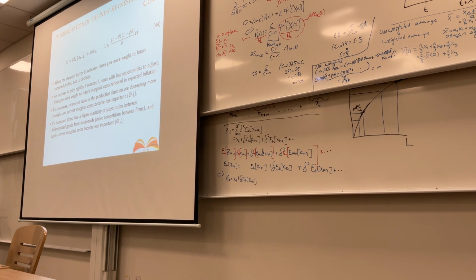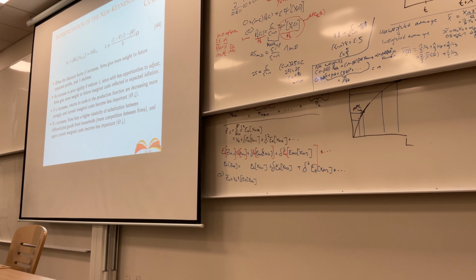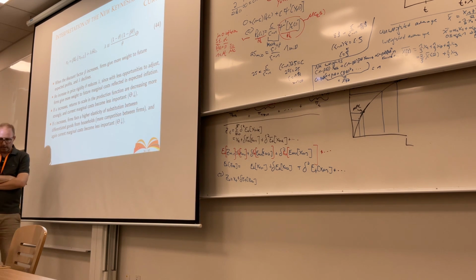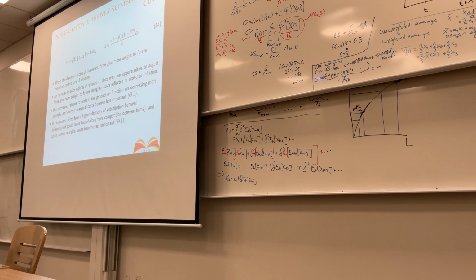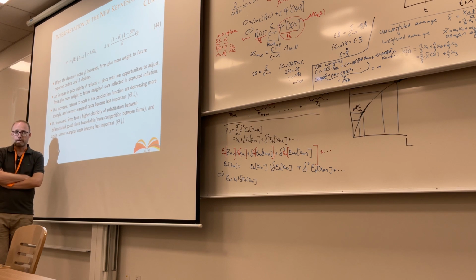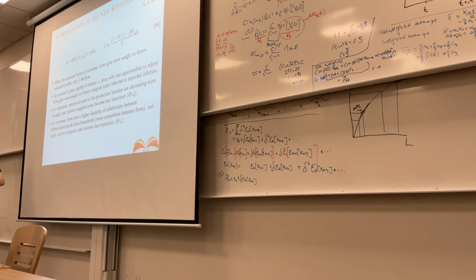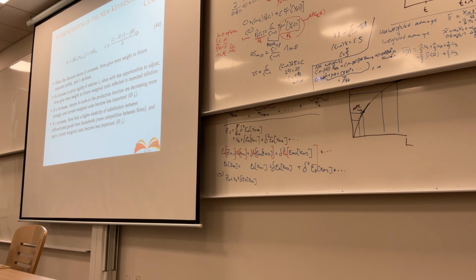Another straightforward one for us is price rigidity, theta. So an increase in price rigidity. What does that mean? If I change my price today, it's more likely that I'm going to be stuck with that price for a long period of time. Which means when choosing this price increase today, I should think more about the future than before. As theta goes up, the future should become more important.